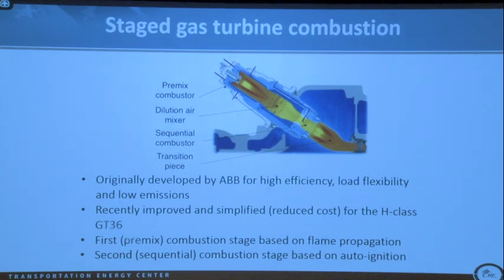And recently, I think GE and Alstom and now Ansaldo Energia, an Italian company, have taken over and improved this axially staged reheat combustion concept that's used in their very large gas turbines, the GT36, which I think generates something on the order of 300 megawatts of power.